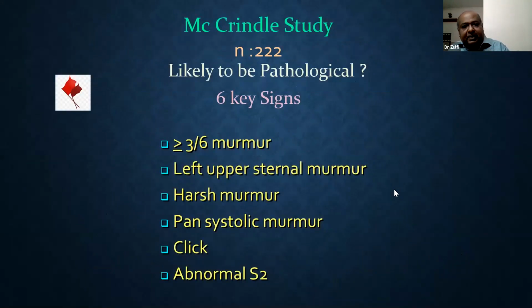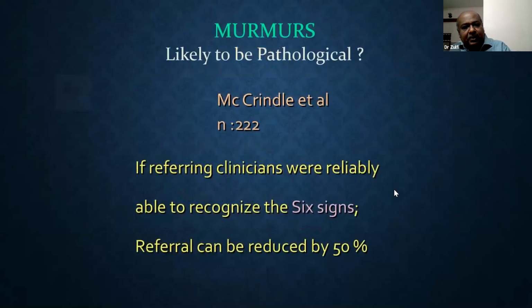But what he said was that if one of these key signs is there, what we call a red flag, such as a good loud murmur, left upper sternal border, harsh murmur, pansystolic murmur, associated click or an abnormal S2, there is a high likelihood that it is going to be pathological on echocardiography.